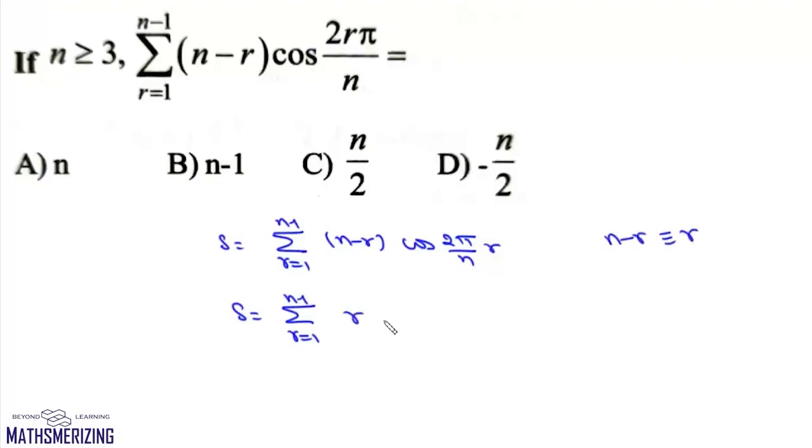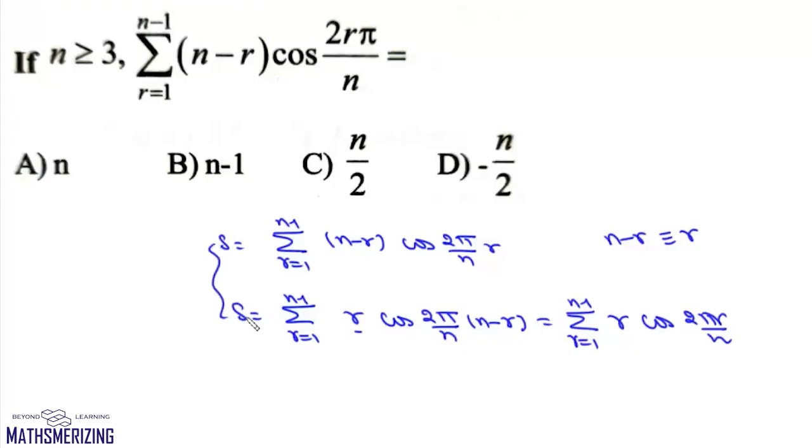So it'll be simply r and then cos(2 pi by n into (n minus r)). Now here we'll get this as r, and this is cos(2 pi minus theta), which is cos theta. So r cos(2 pi r by n).